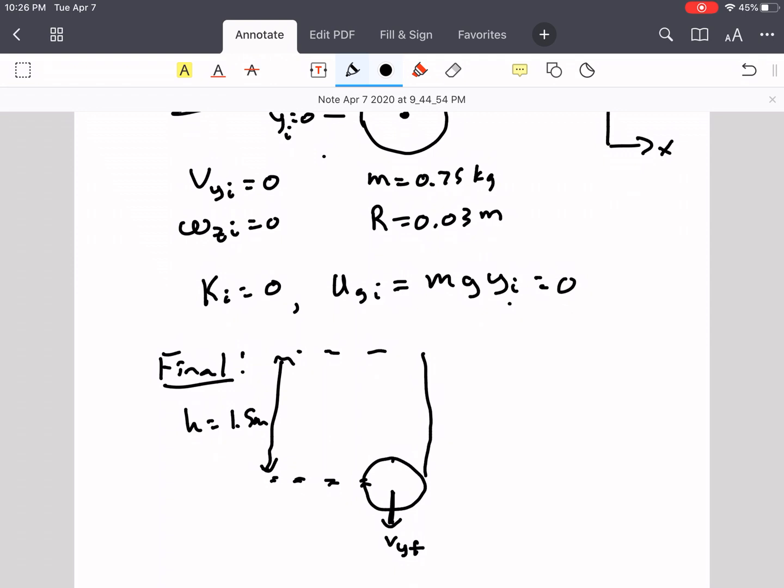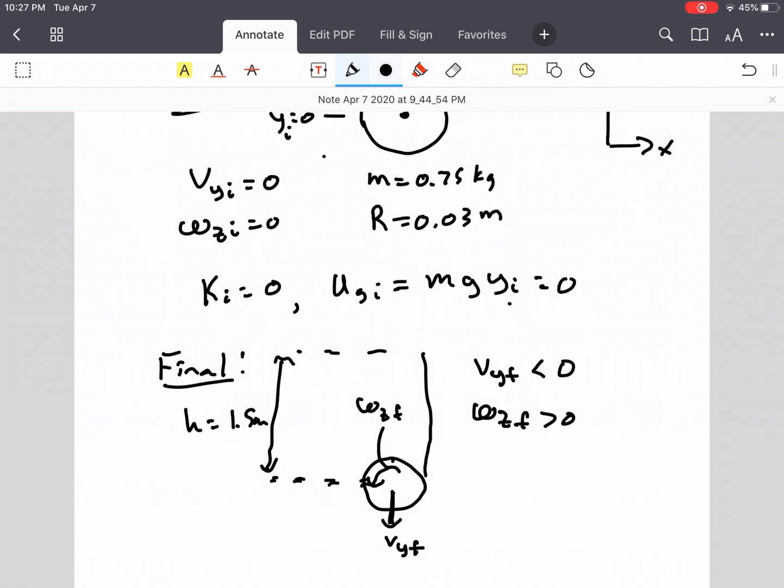And of course, you know that the rotation is going to be counterclockwise here because that's the way in which the yo-yo is unraveling. So we don't know either of these values, but we do know that they're connected. So in this case, is Vy positive or negative? Well, it's negative, right? It's moving down, so we know that Vy is negative. Is omega z positive or negative? So in this case, it's positive because it's rotating counterclockwise.